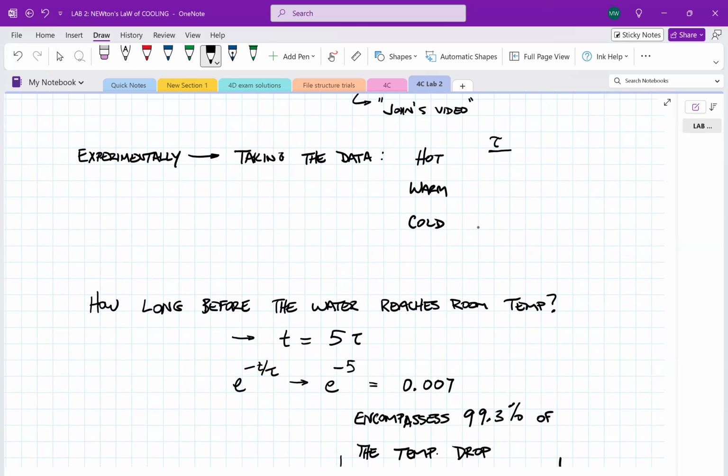There's less to do during this lab. It's mostly just the data analysis and how to use the Tracker program, which by the way is very useful. It doesn't have to be only physics based or only temperature and thermometer based. It could be a lot of different things. It's a very useful video analysis tool.